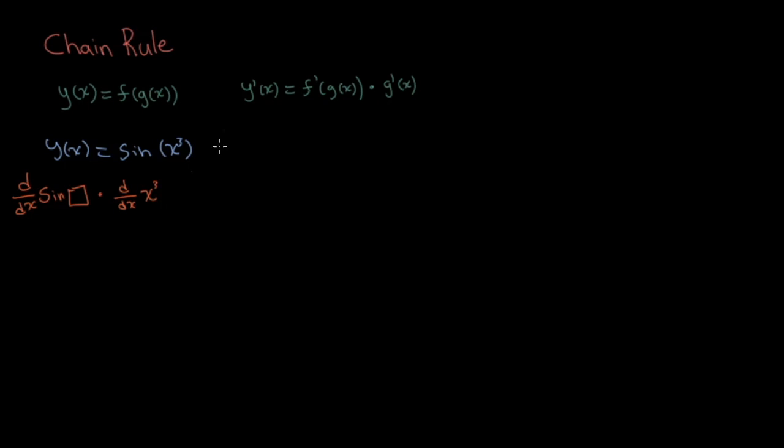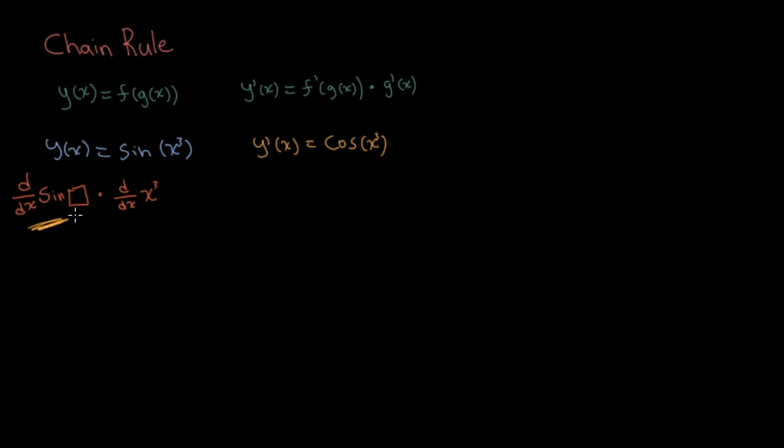So let's evaluate this then. y prime(x) is equal to the derivative of sine, which is cos, right? The derivative of a sine function is a cos function. So we're going to go cos of x cubed. Okay, that's this step right here.